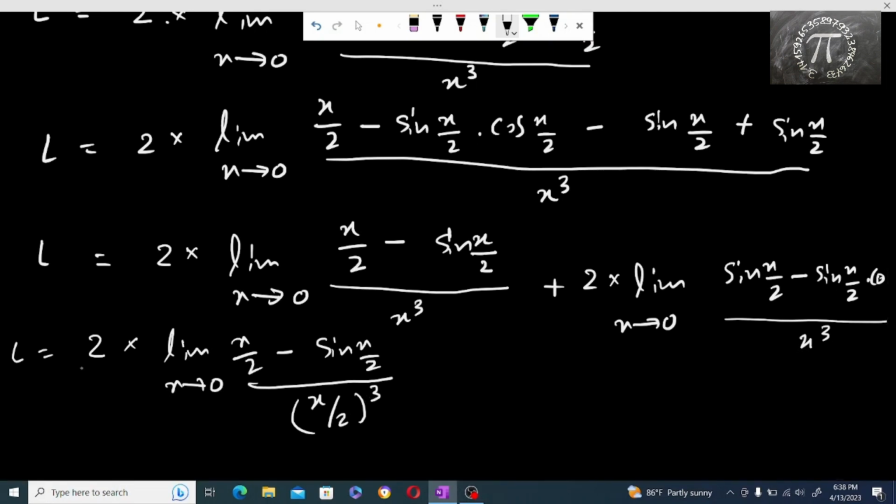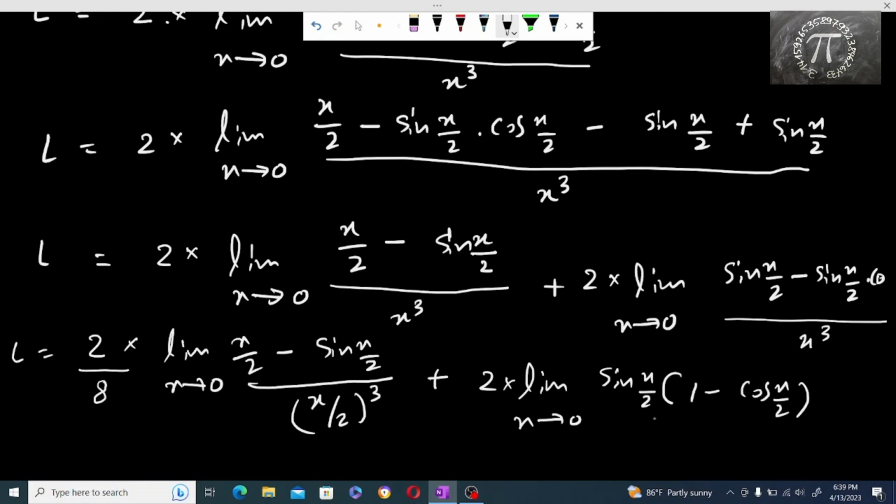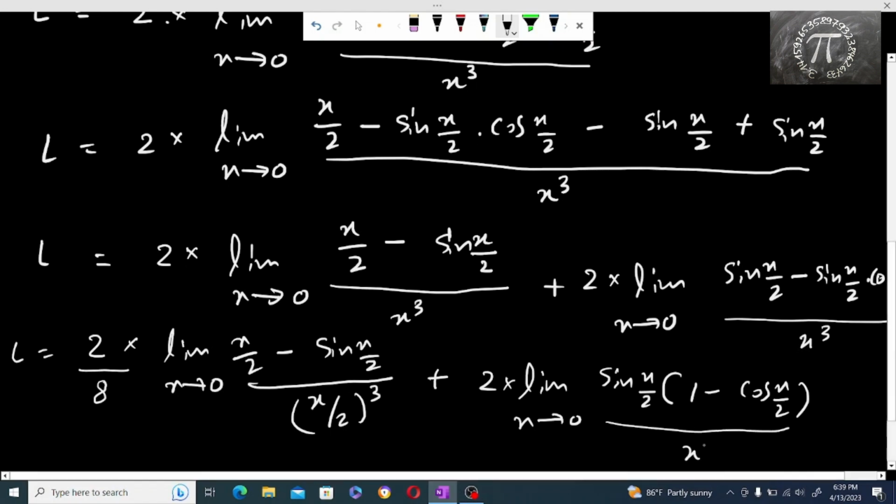To cancel it out, I'm going to put in 8 again, since 2 to the power 3 is 8. The limit doesn't change. Plus 2 into the limit as x goes to 0, factoring out sin(x/2), so we have 1 minus cos(x/2), divided by x to the power 3.